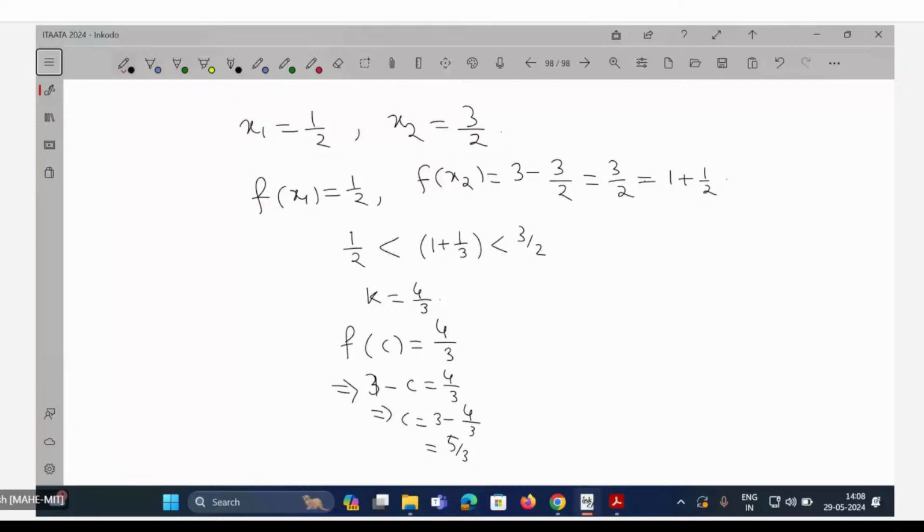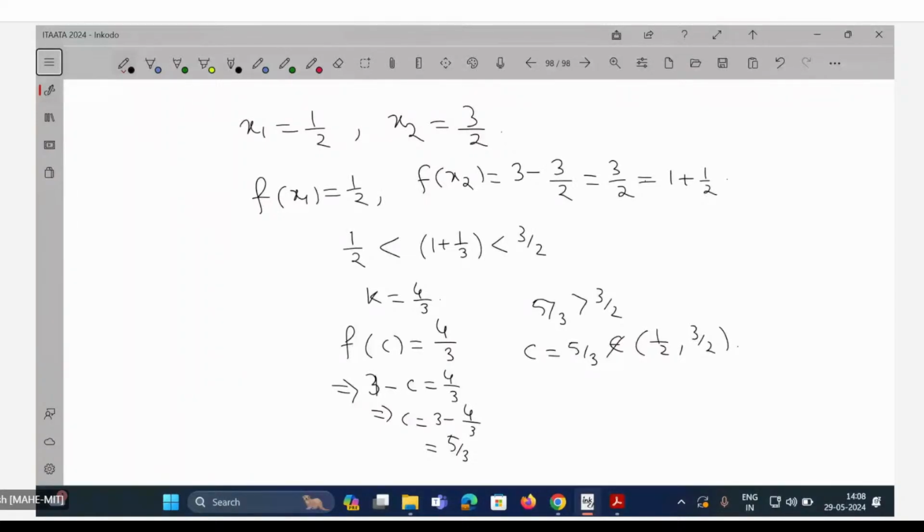And 5 by 3 is greater than 3 by 3, correct? So you can see that c equals 5 by 3 does not belong to this interval. So this proves that the function has no intermediate value property.